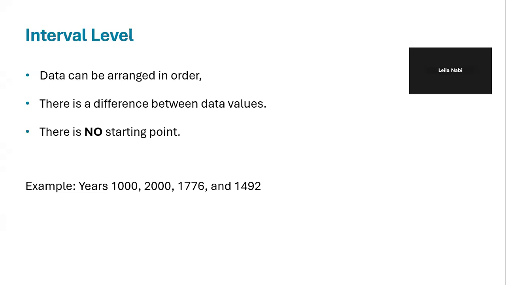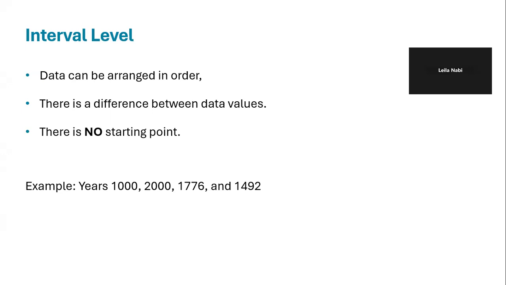You have years like 1000, 2001, 1984, or 1492, just some numbers as years. Since they are numbers, you can put them in order, and the differences between them are meaningful, because you can find the difference between these years.